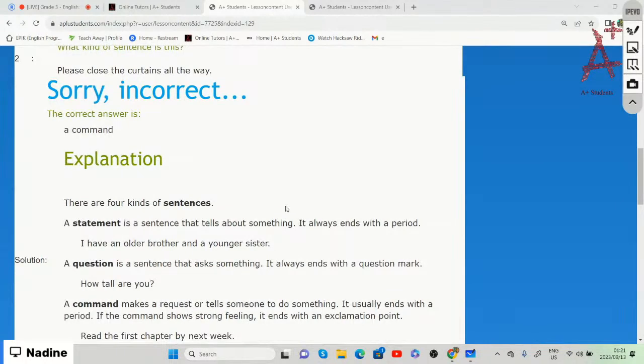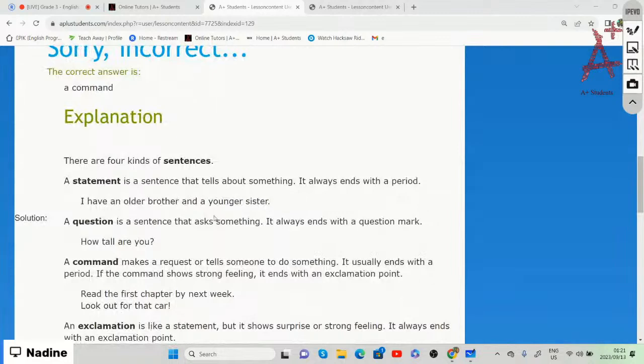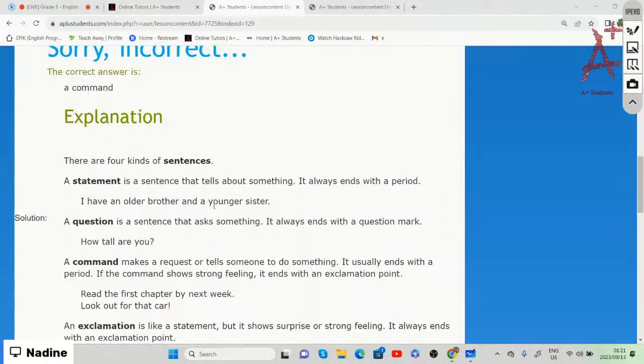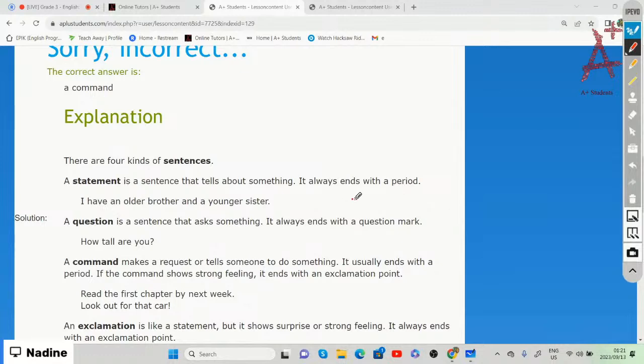If you look at the different kinds of sentences: a statement ends with a period. A question ends with a question mark. A command ends with either a period or an exclamation point. And an exclamation ends with an exclamation point.